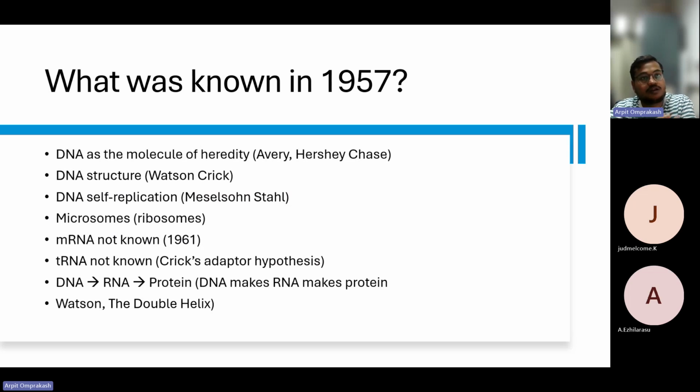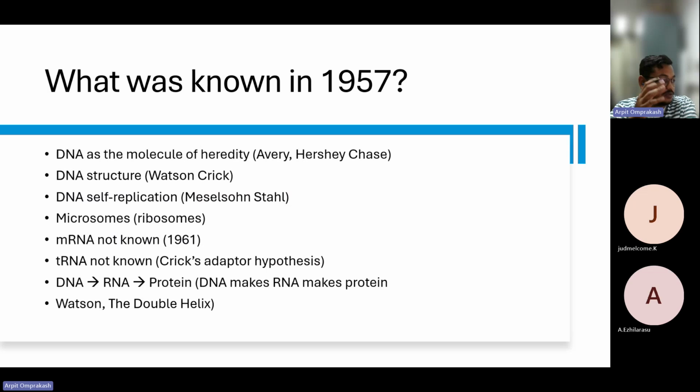People were aware of the presence of microsomes, but they didn't know that they are ribosomes, which is what they are called now, and they didn't know what function they perform. mRNA was not known; it came to be known in 1961. tRNA was also not known, but Crick gave this adapter hypothesis, which is part of the central dogma. It says there should be a molecule which can bind to an RNA and generate a protein, so there needs to be an adapter molecule which can translate.